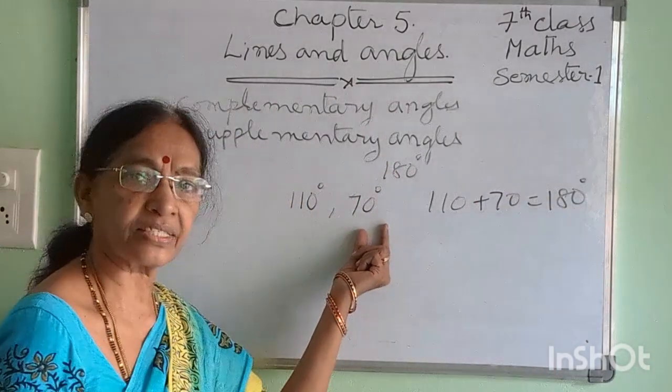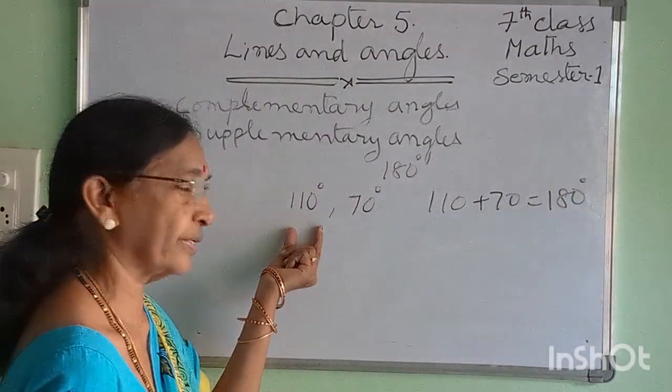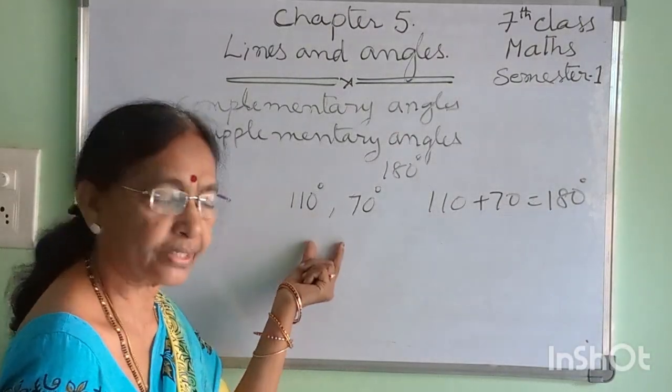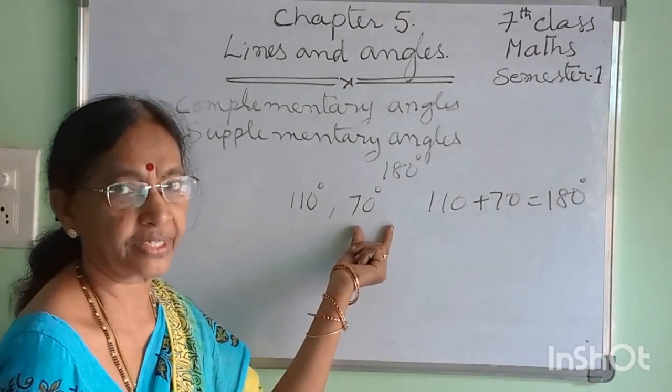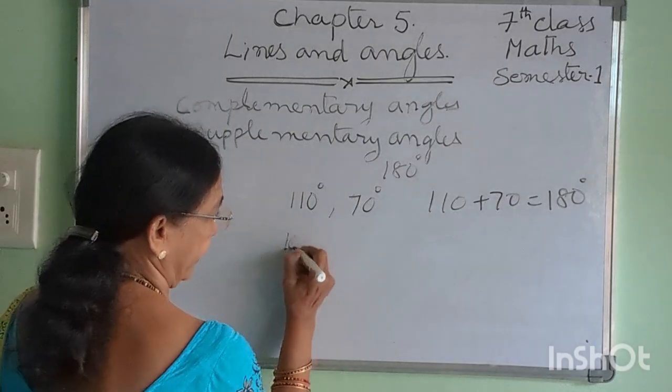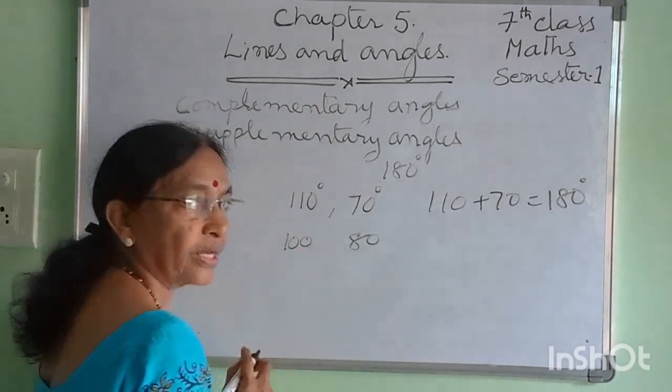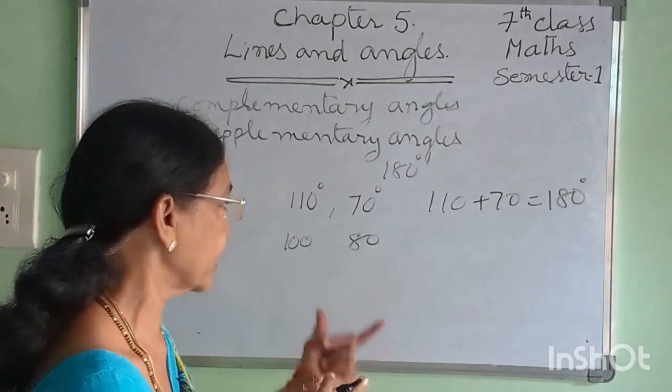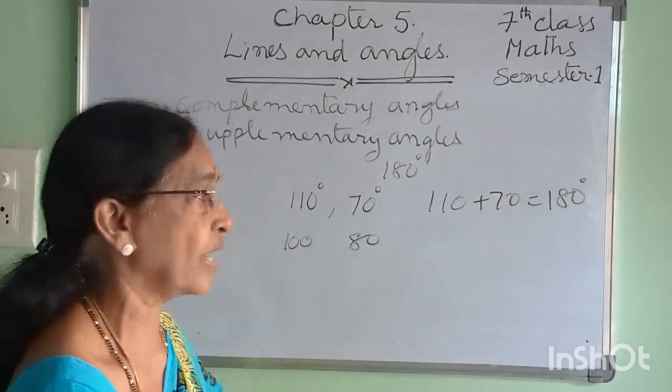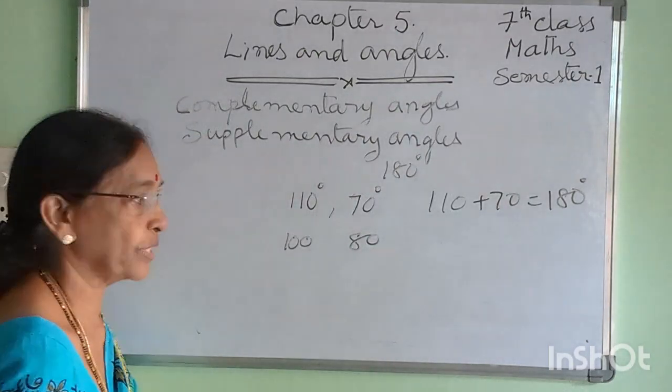Therefore 70 degrees is the supplement to 110, and 110 is the supplement to 70 degrees. Similarly, 100 and 80 are supplements to each other. These two angles are supplementary angles and one is the supplement to the other.